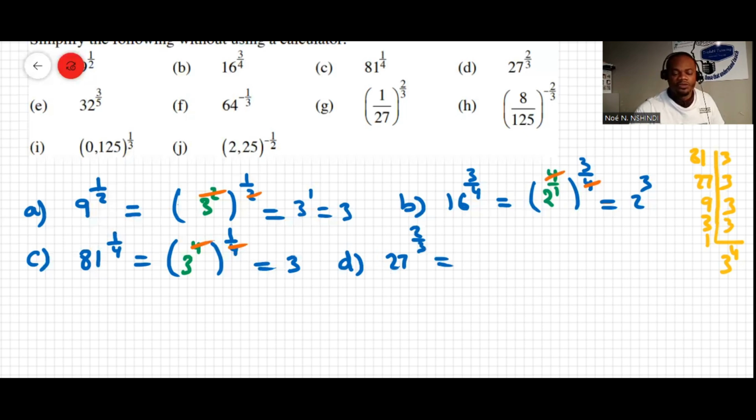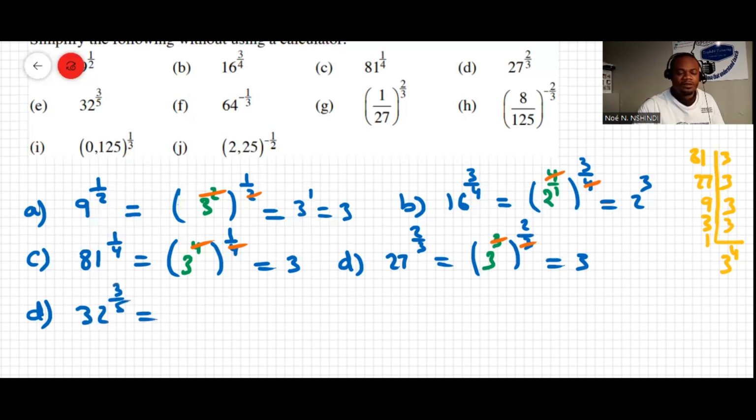D, let's say 27 to the power of 2 over 3. We will write 27 in terms of its prime factor, and then this is equal to 3 cubed. And if we simplify there, we get 27 to the power of 2 over 3 equal to 9. And then the next one says 32 to the power of 3 over 5.